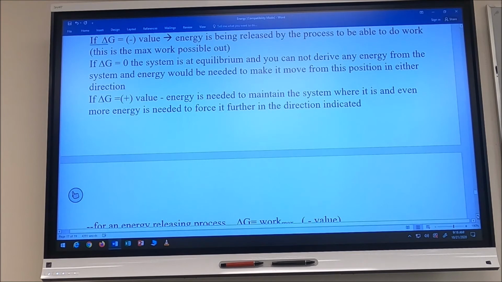If delta G is 0, the system is in equilibrium, and you can't derive any energy from the system, and energy would be needed to move it away from this position in either direction. If delta G is positive, then energy is needed to maintain the system where it is, and it needs more energy to force it further in the direction indicated. Okay?